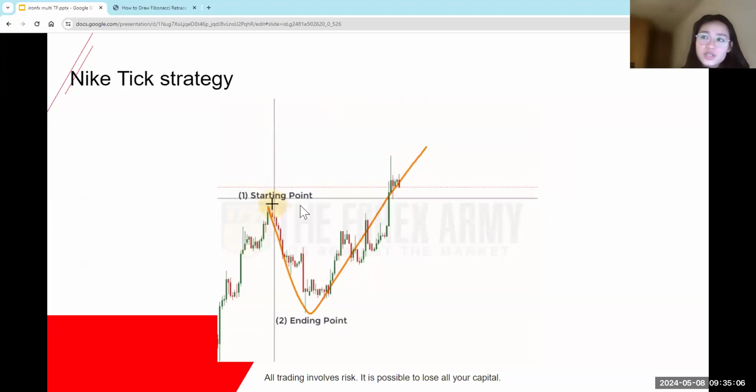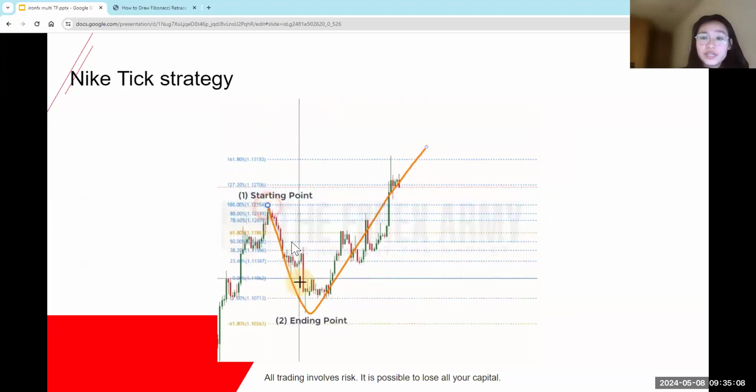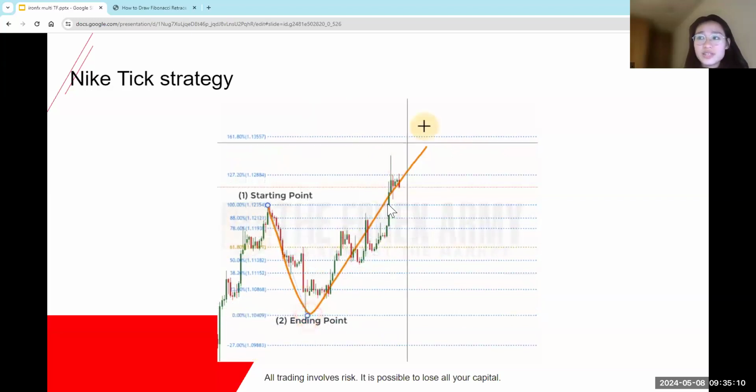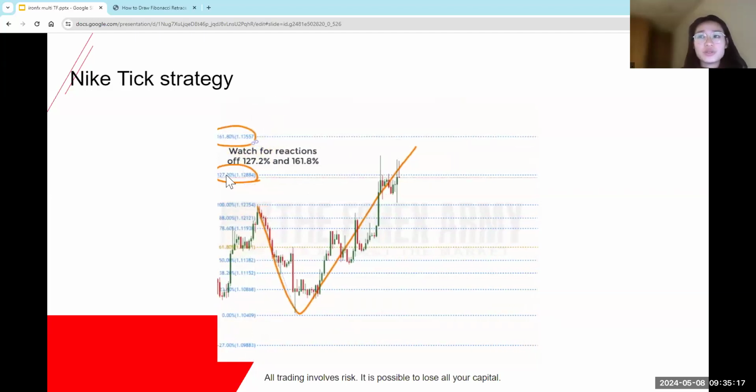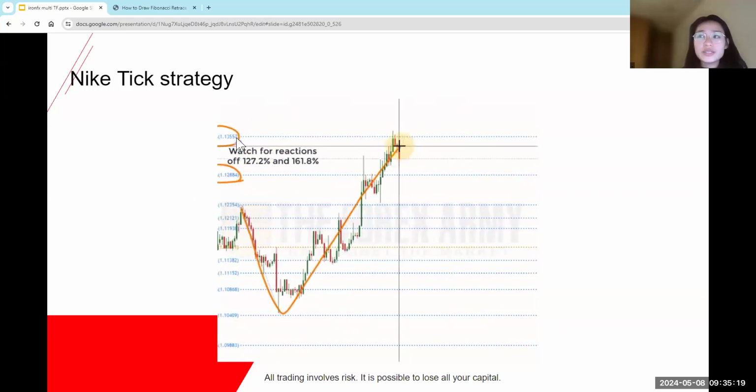You can only use this if price, it's not just a V shape exactly, but only if price has broken out of the 100% retracement. Then you watch out for the reactions at the 127.2 and 161.8.